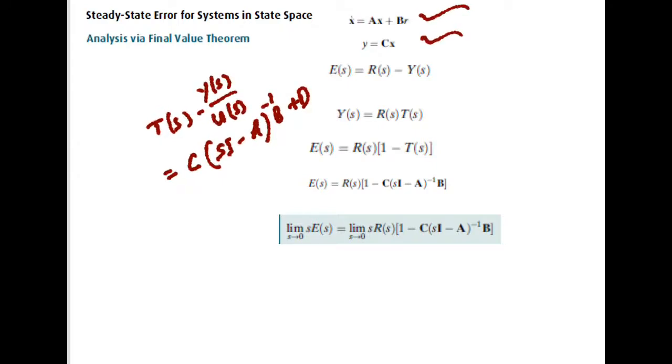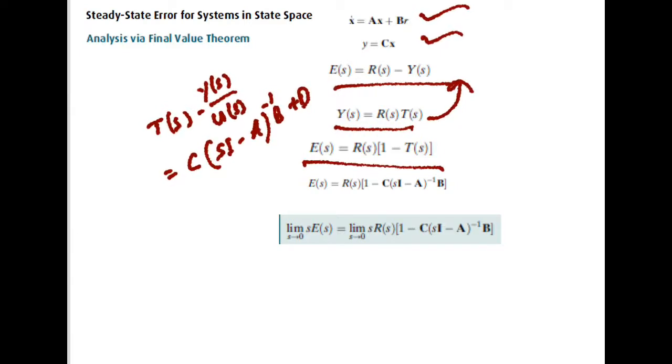Now we note that the Laplace transform of the error is given by this. From the block diagram case that we have observed, the Laplace transform is given by this, and Y(s) is equal to R(s) into T(s), where T(s) is the closed loop transfer function. Substituting this into this, we get E(s) equals R(s)(1 minus T(s)).